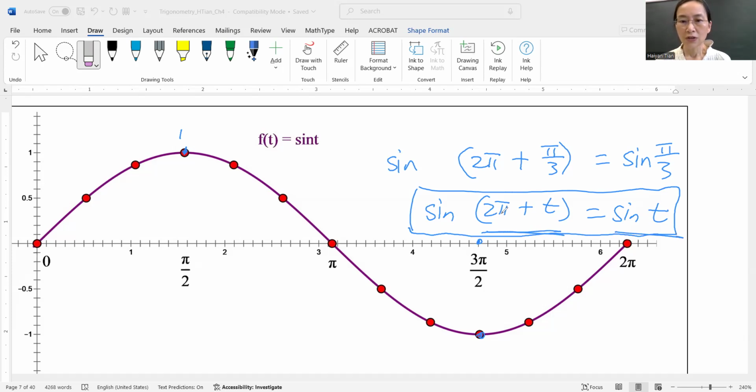It is always true. So 2 pi is such a positive number that it is actually the smallest positive number that makes the sine function curve repeat itself. So we can remember that 2 pi is called a period of the sine function.